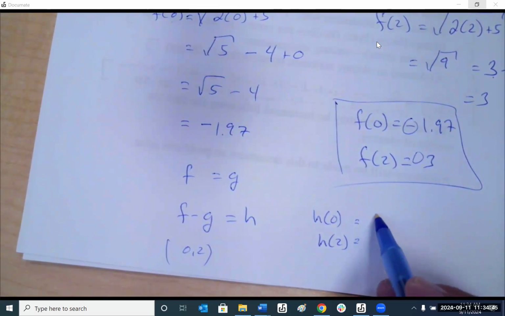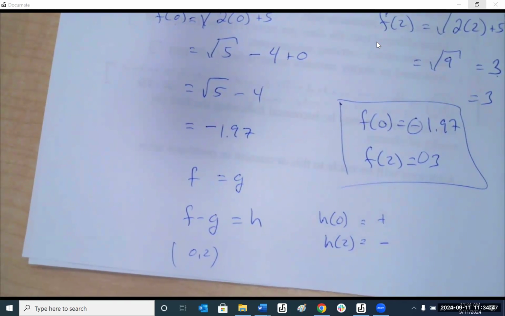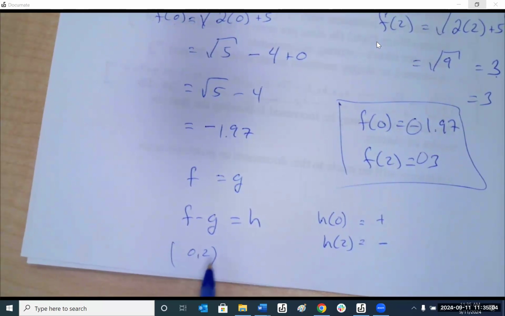Only if they have opposite signs will they intersect. If they both come out positive or both negative, that means they won't intersect in our domain, which is from 0 to 2.